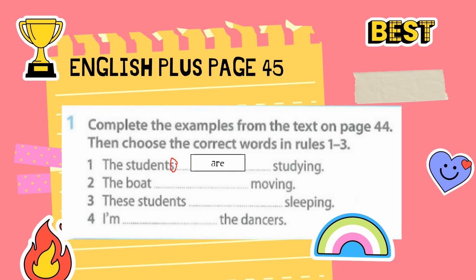Okay, number 2, the boat moving. The boat, there is no S over here, so this is in singular form. It should be isn't moving. Okay, these students, plural, so it should be aren't.